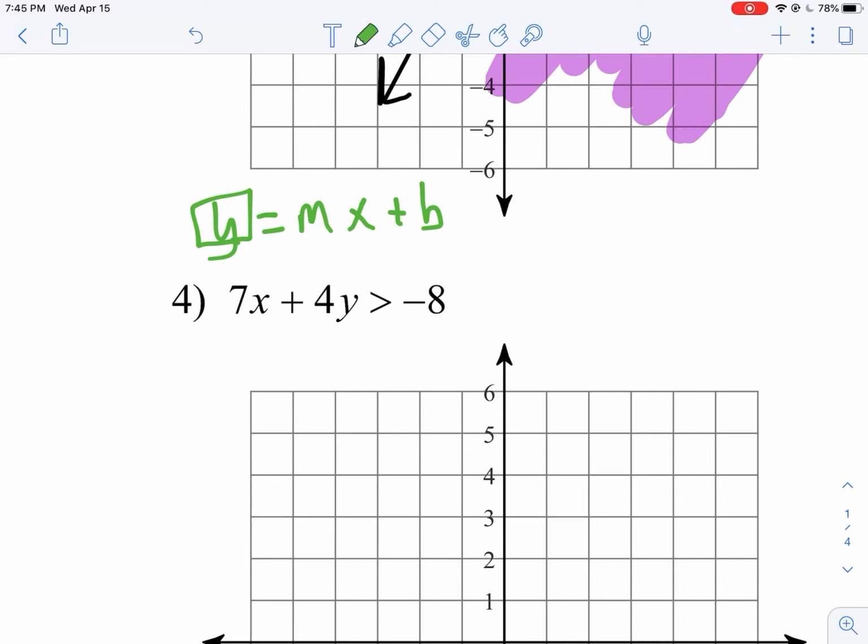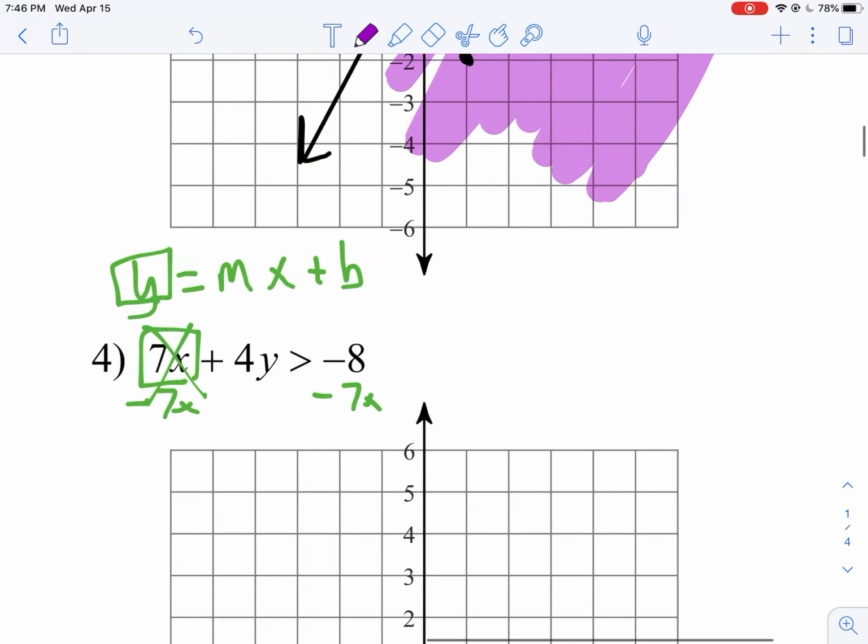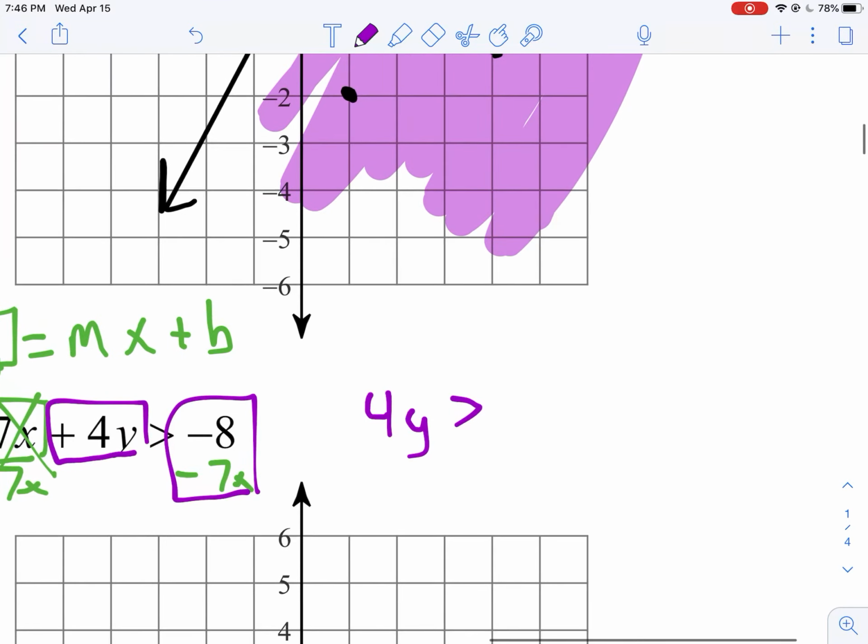We've had to do some reordering before. I'm going to take the 7x and subtract 7x from both sides. That's going to cancel it on this side. So what's left on the left-hand side? We have positive 4y. We just copy over the greater than symbol. And then I have negative 7x and negative 8.